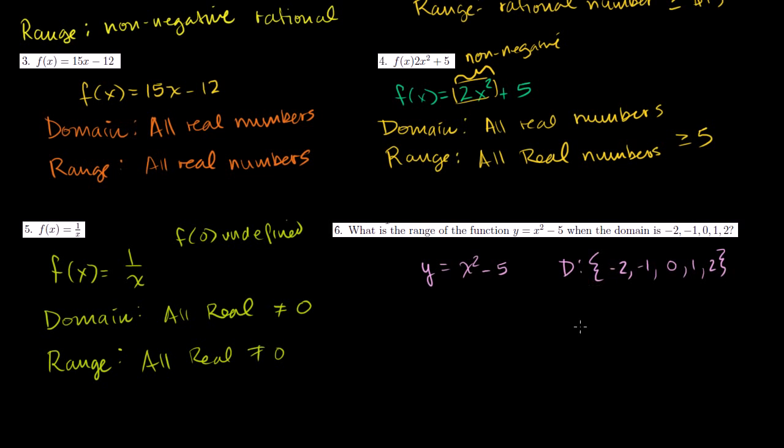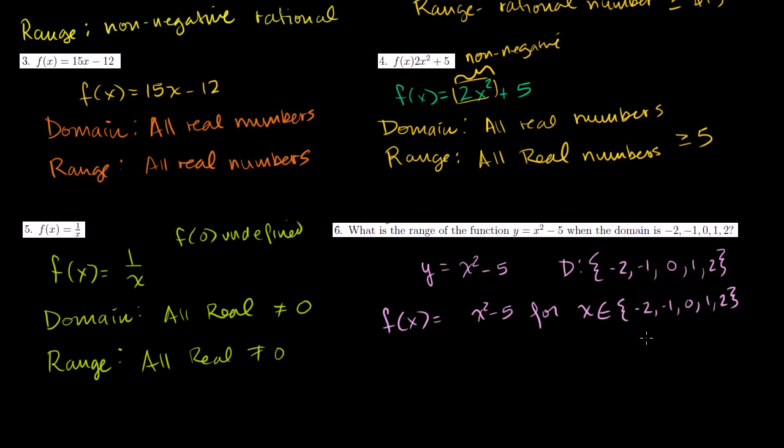So this function definition really should say f of x is equal to x squared minus 5 for x a member of the set -2, -1, 0, 1, 2. It's not defined for x being anything else than that. You can only apply it if x is one of these.